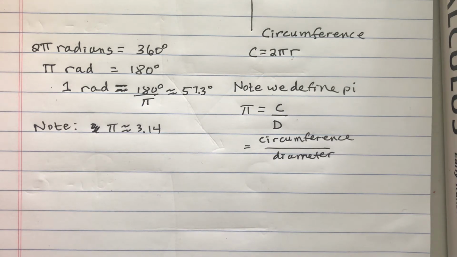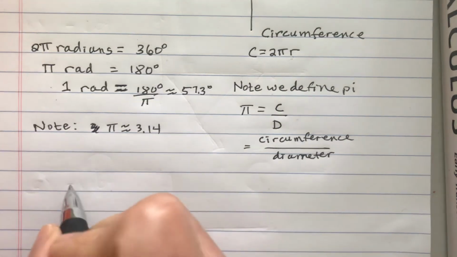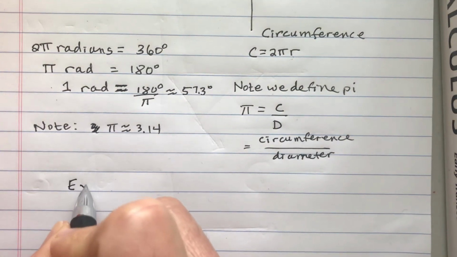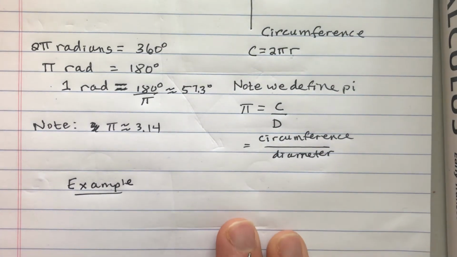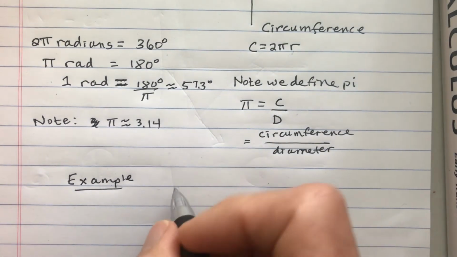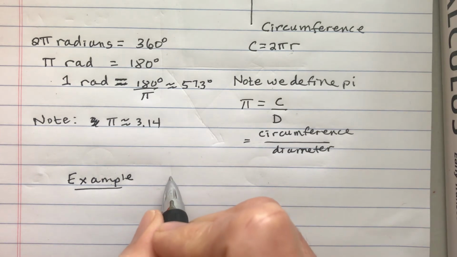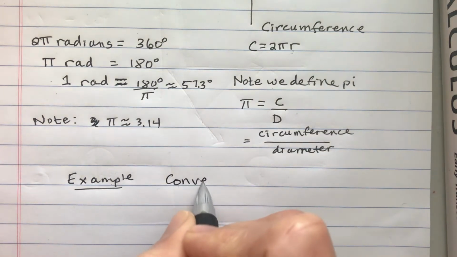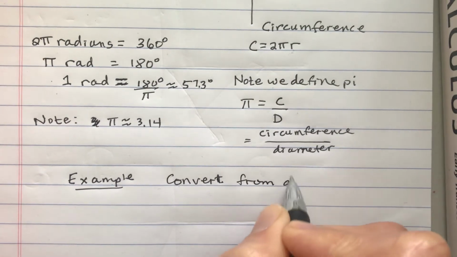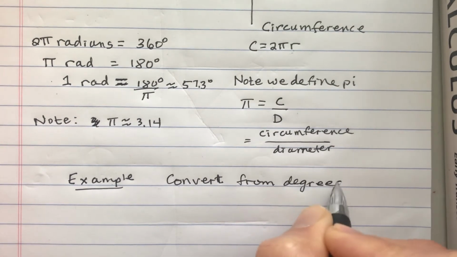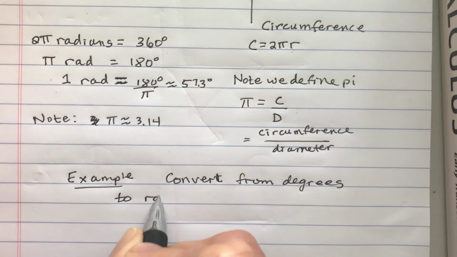So let's go ahead and do an example where we actually do what I said I'd do, which is convert between radians and degrees. Okay, so convert from degrees to radians.